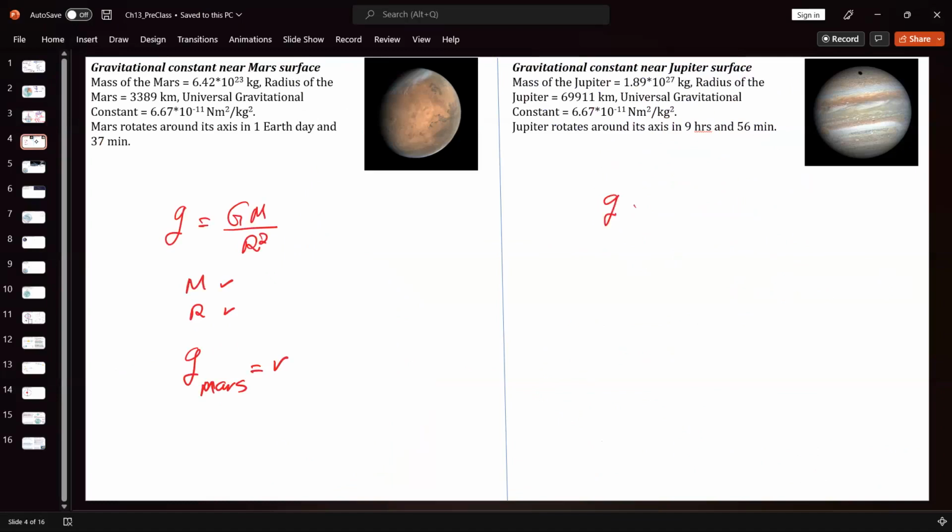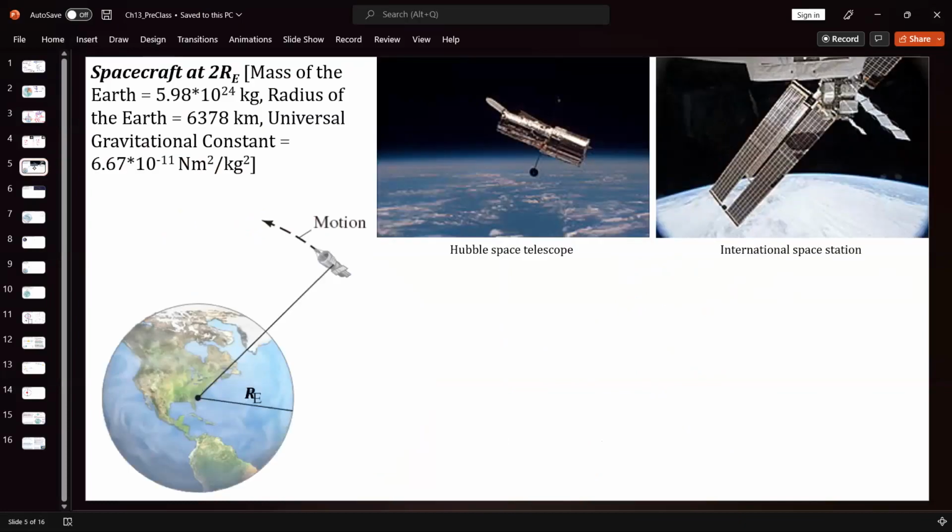If I do the same for Jupiter, which has a very high mass relative to the Earth and a larger radius, then I can calculate the Jupiter gravitational acceleration without its rotational effect. If I consider the rotational effect and everything, then this g value is actually changing much.